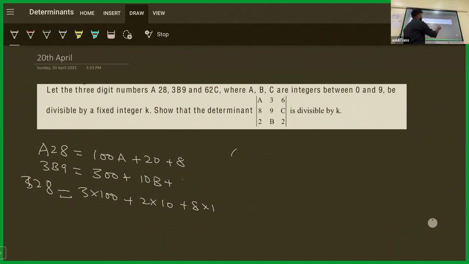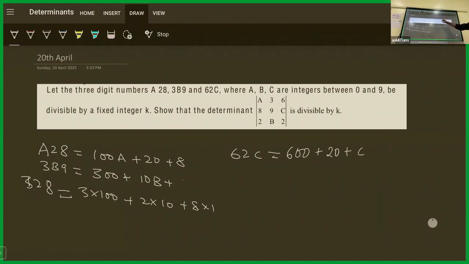Now the third number, how can we write it in expanded form? It's 6 into 100, which will be 600, right? Plus 20 plus C.